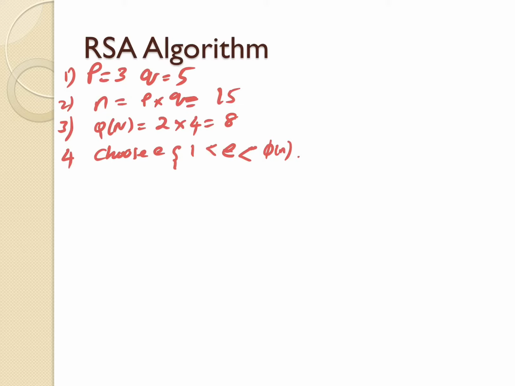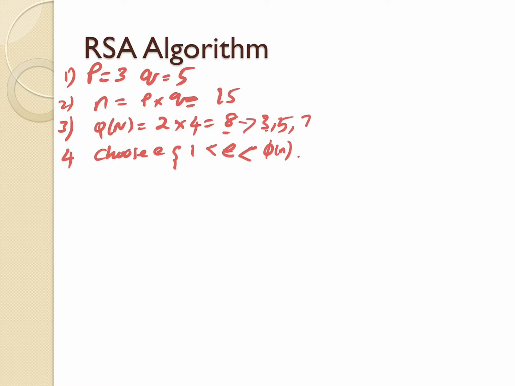We have to choose a number which should not have a common factor with this 8. So I can choose 3, because 1 is always a common factor with every number, and 2 also shares a common factor with this 8. 3 doesn't share a common factor with 8.